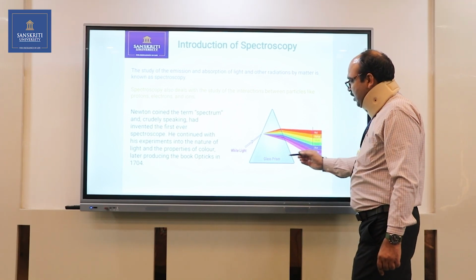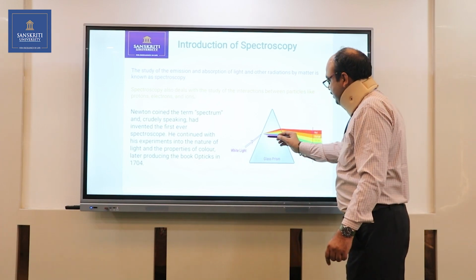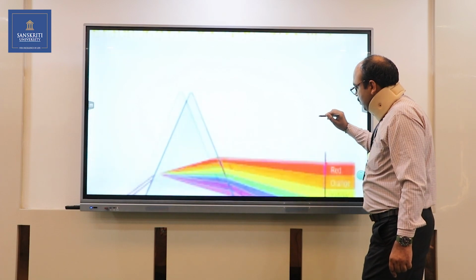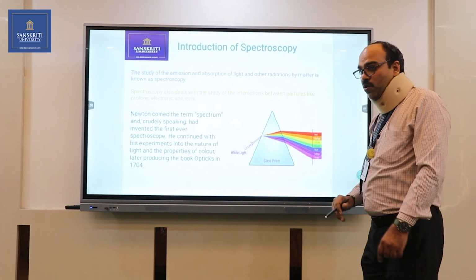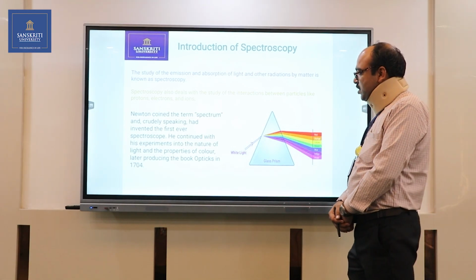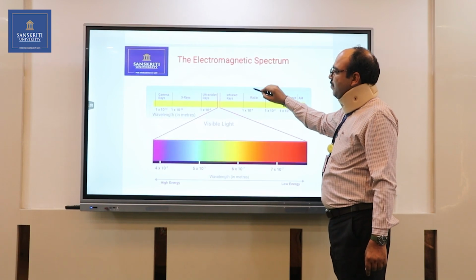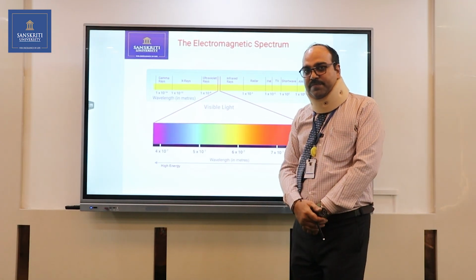So a white light passing through a prism or grating is diffracted into 7 colors: red, orange, yellow, green, blue, indigo and violet, which have different wavelengths. Now for that we have to understand what the electromagnetic spectrum is.